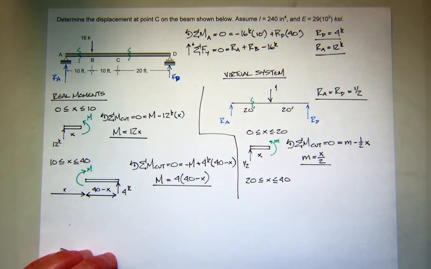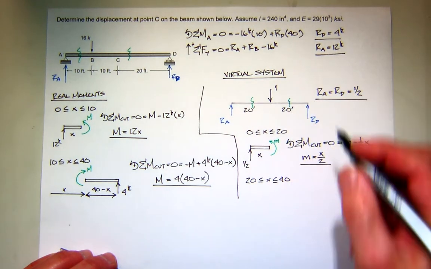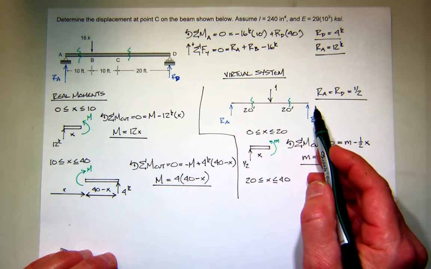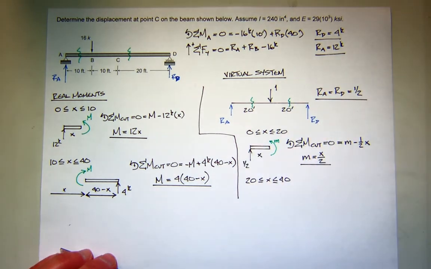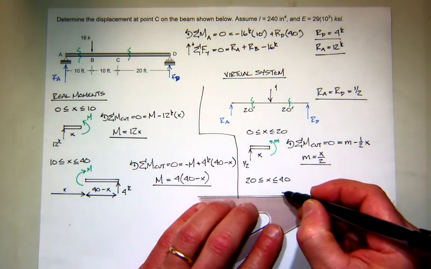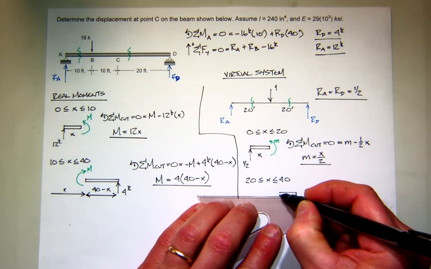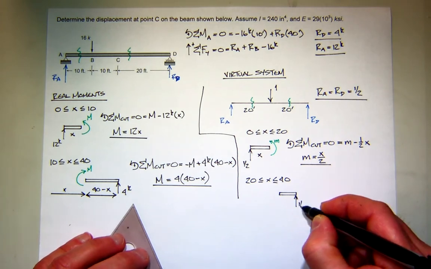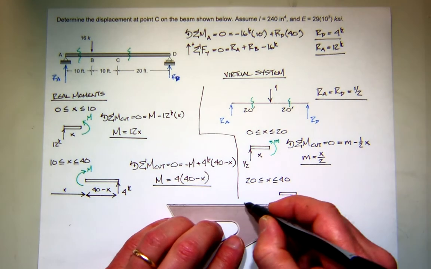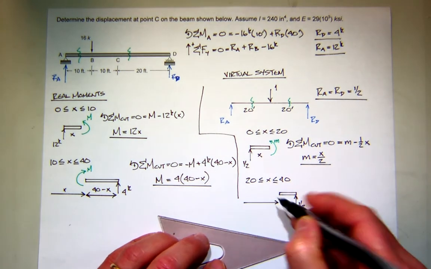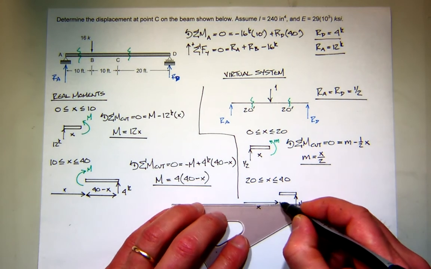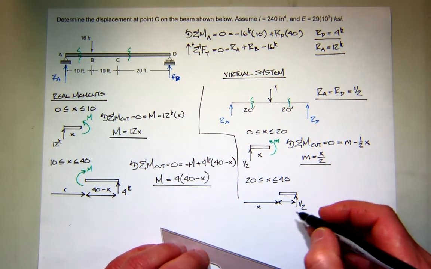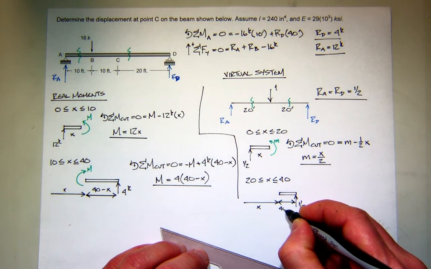So I'm looking at a section here. Do we want to look at the left side or the right side? I think the right side is going to be a little easier to do. So I'll draw a free body diagram of the right side. The reaction at the right edge is still 1/2. And we know that the cut measured from the left is at some distance x, and that leaves us a segment of the structure which is 40 minus x.